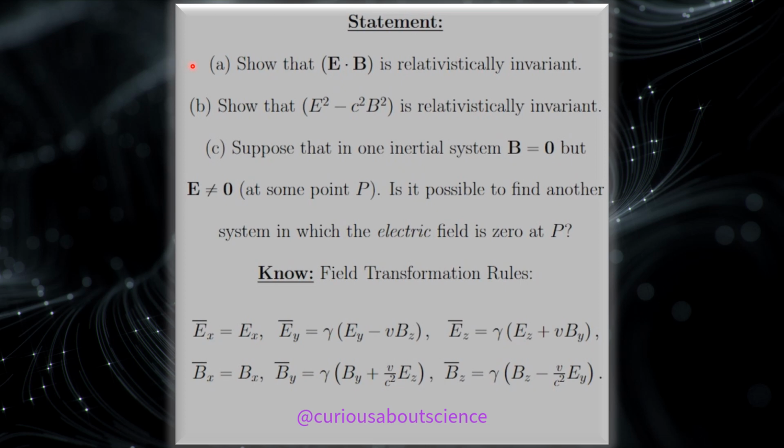For part A, show that E dot B is relativistically invariant. Let me note here that invariant and conserved are often used a lot in physics, but we have to be careful with how we interpret them. Conserved means that a quantity is unchanged during a process.